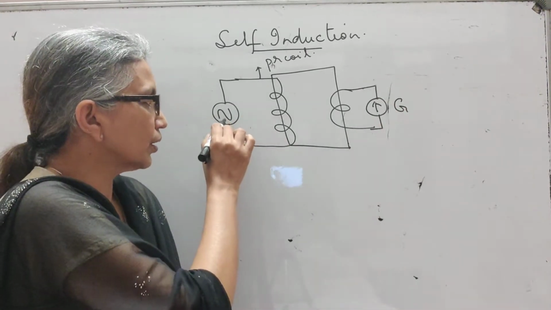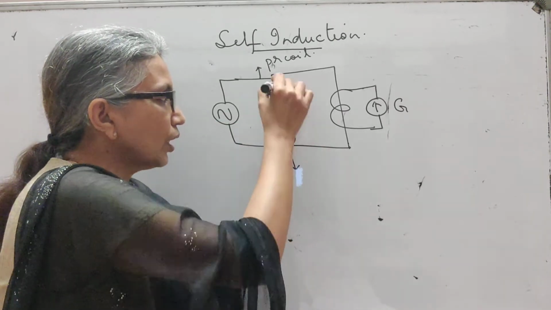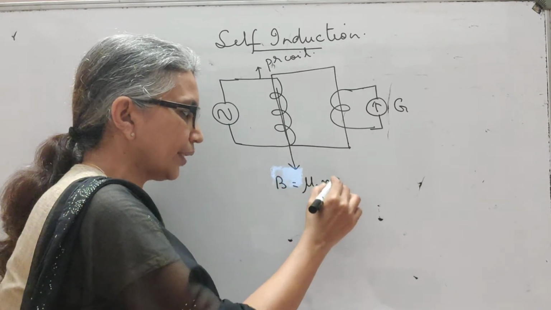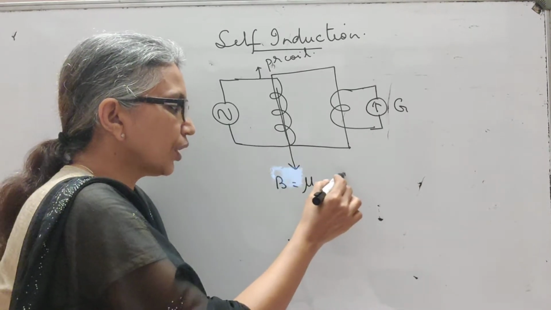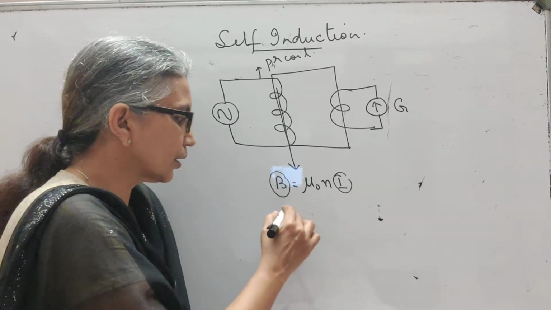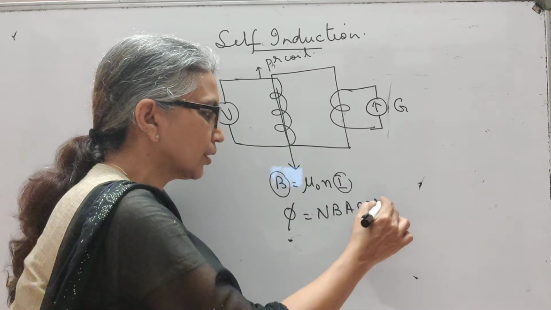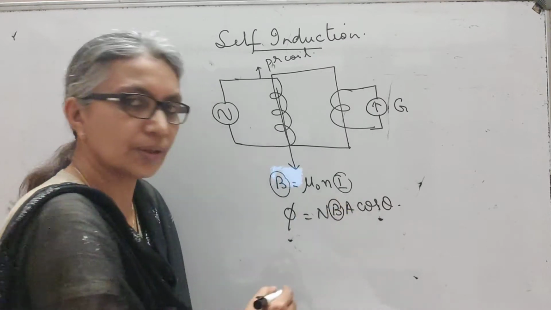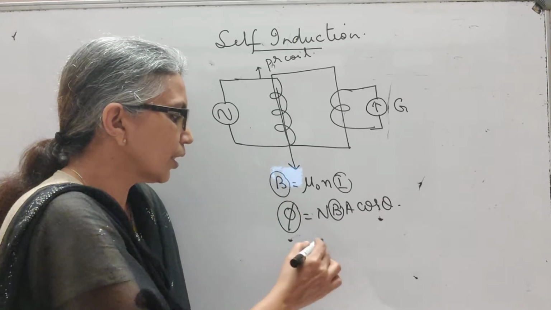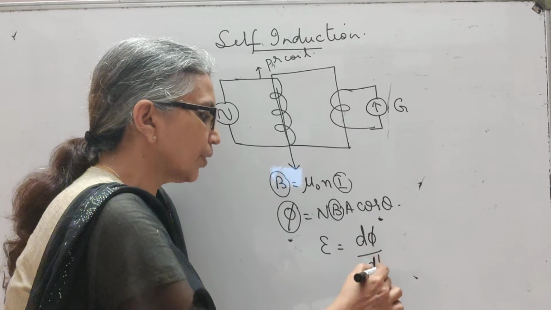When you pass current here, since the current keeps on changing, the magnetic field along the axis of this coil, given by B equal to mu 0 Ni, changes. Because of a change in current, we have a change in B. Since flux through the coil is given as NBA cos theta, whenever there is a change in the magnetic field along the axis of the coil, we have a change in flux, and by Faraday's law, there will be an induced EMF.